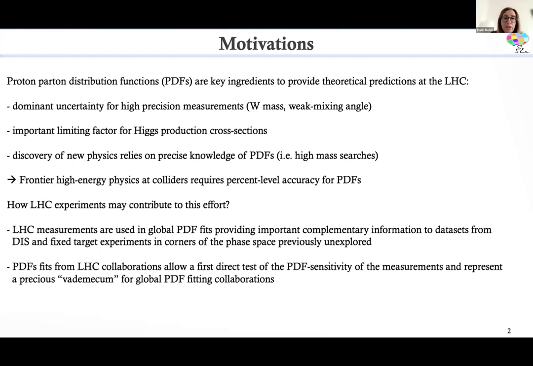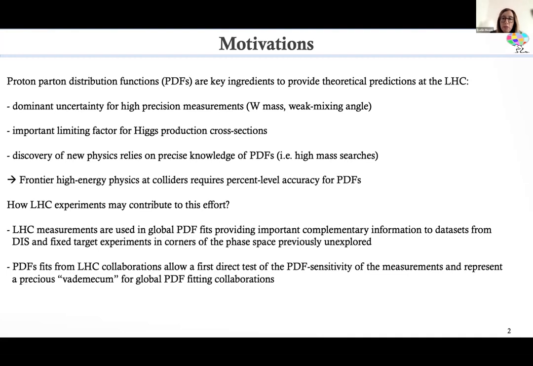Currently, the frontier high energy physics colliders require percent-level accuracy for PDFs in order to resolve potential effects of beyond standard model physics in high precision standard model measurements. And now LHC experiments may contribute to this effort. As you know, currently LHC measurements are used in global PDF fits, and they provide important complementary information to datasets from DIS and fixed target experiments in a corner of phase space previously unexplored.